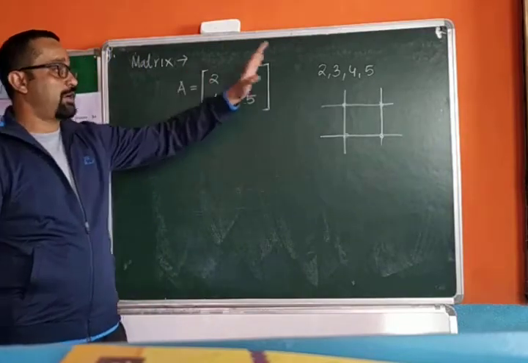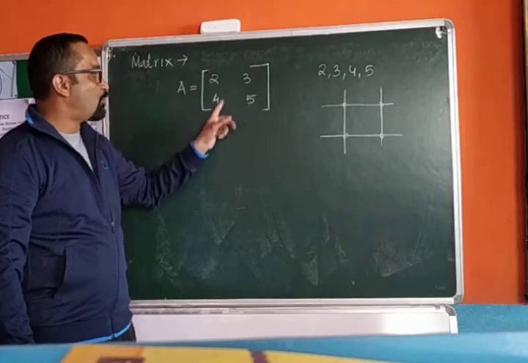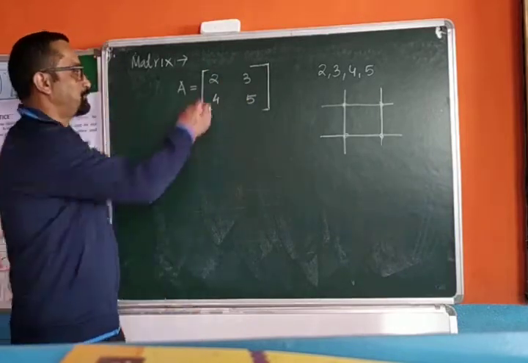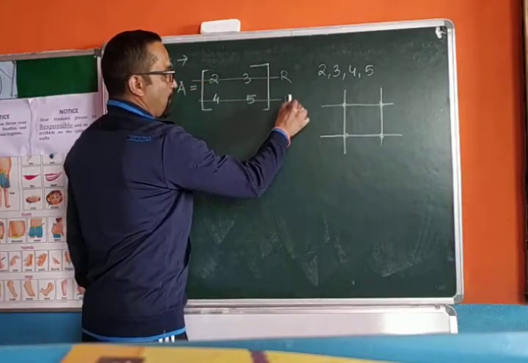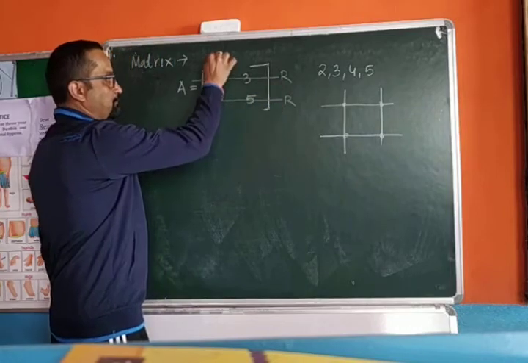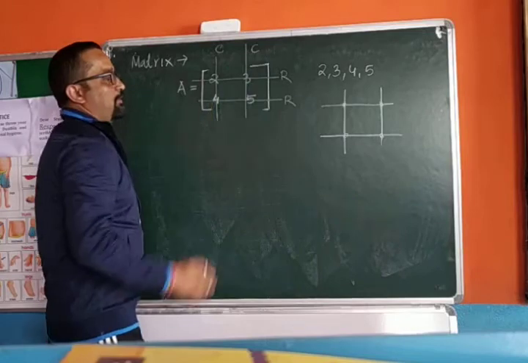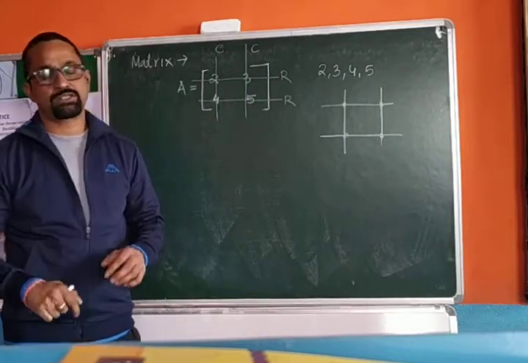The arrangement of numbers in the form of rows and columns is called a matrix. Two rows and 2 columns. The whole arrangement is considered as a matrix.